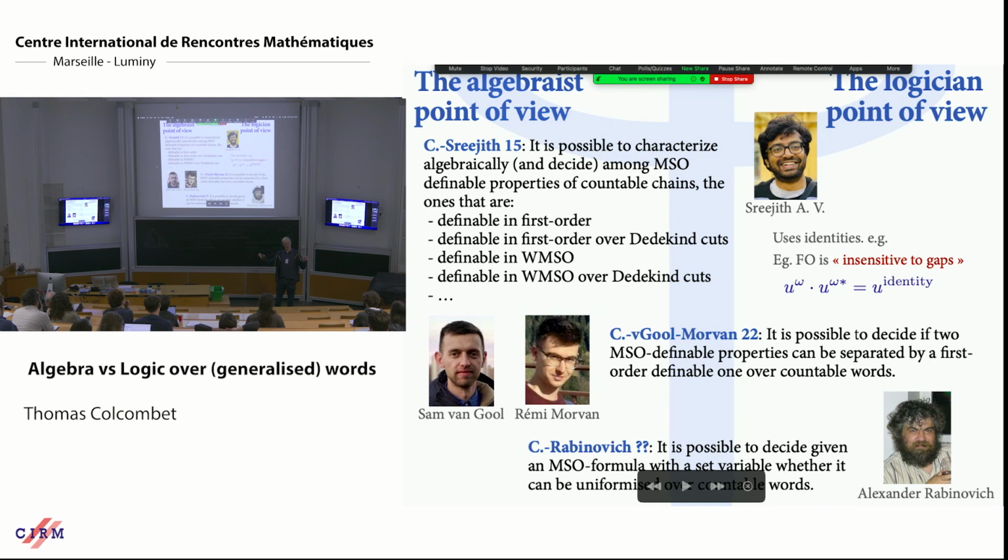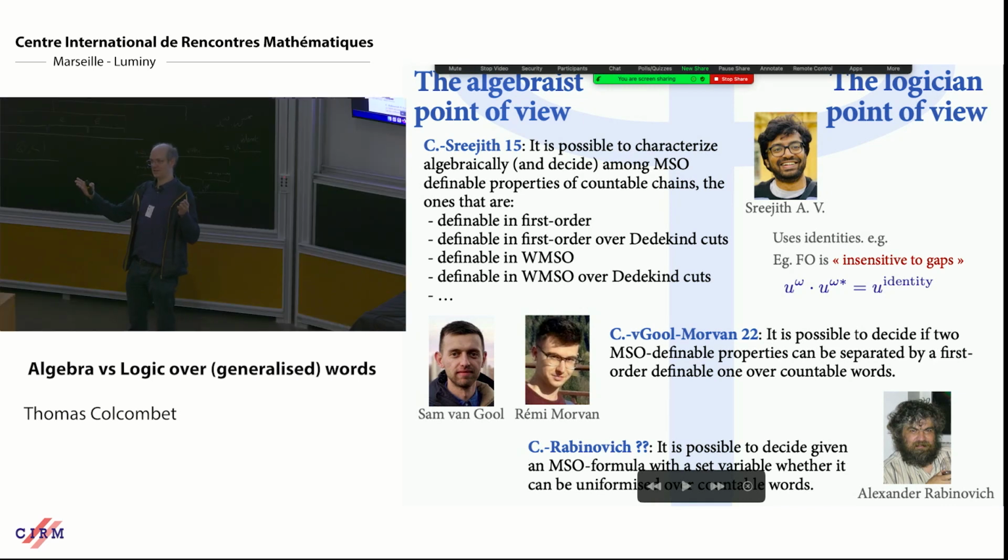For finite words, it's easy. You just have to pick the lexicographic least one. You can do this for all ordinals that are smaller than omega to the omega, and it's known to be not true beyond that. And so among other results, we are able to decide, given an MSO formula, whether it can be uniformized over words of countable ordinal length for the moment.